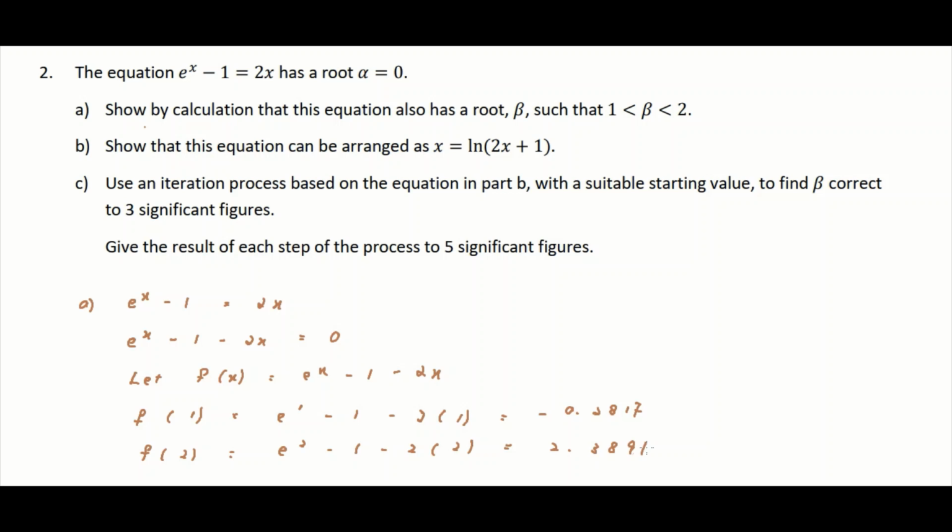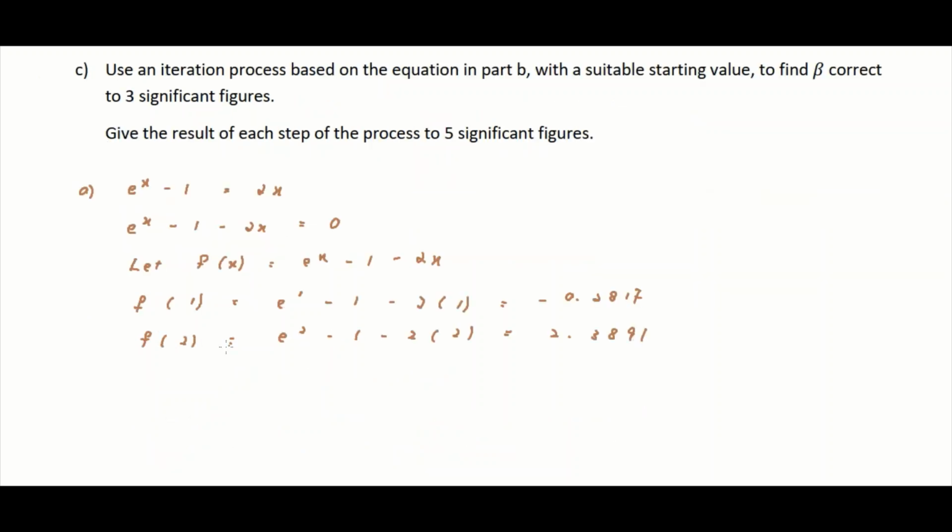As you can see, you have one positive and one negative, meaning there is a change of sign. So the change of sign indicates the presence of root between 1 and 2.